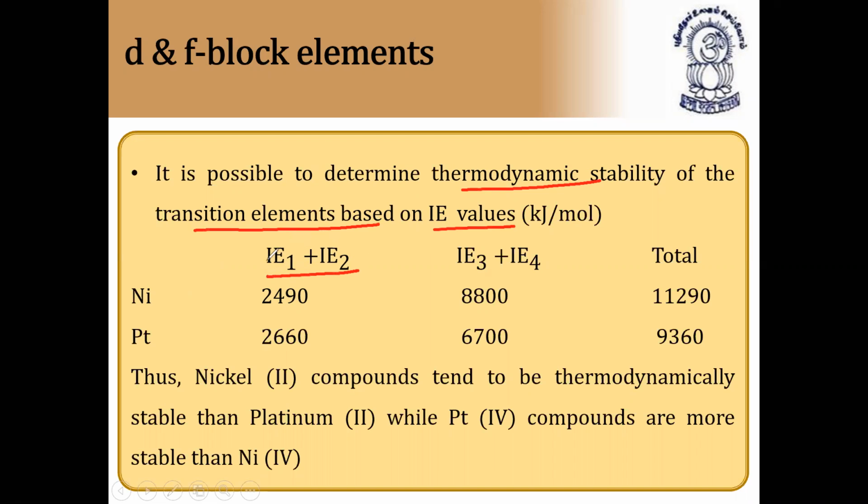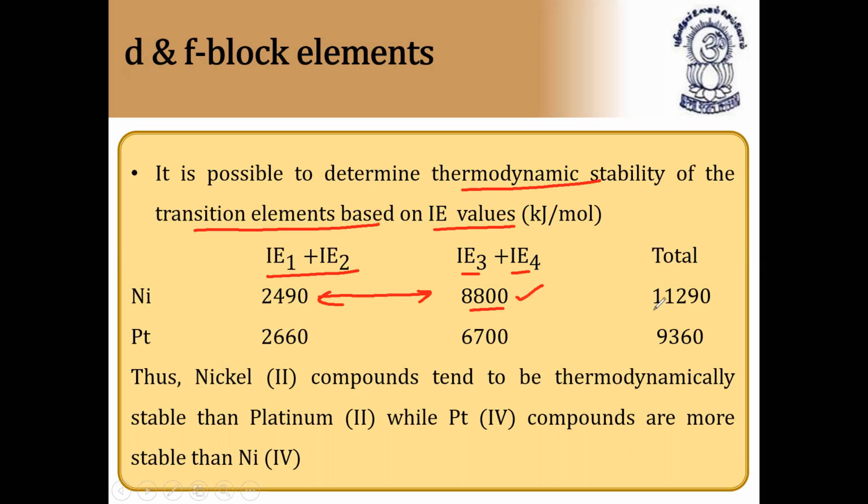The amount of energy required to remove the first electron and the second electron. In total, it is equal to 2490 kilojoules per mole, and IE3 plus IE4 is equal to 8800. So it is more stable in the plus 2 state. By this, you can easily understand it is more stable in the plus 2 state rather than the plus 3 and plus 4 states, because IE3 plus IE4 is equal to 8800.